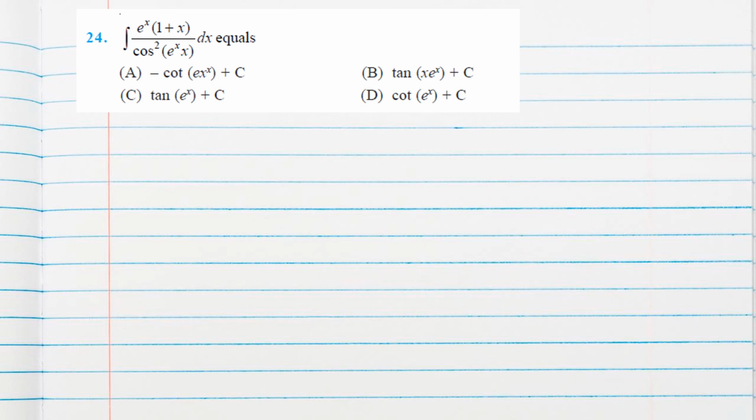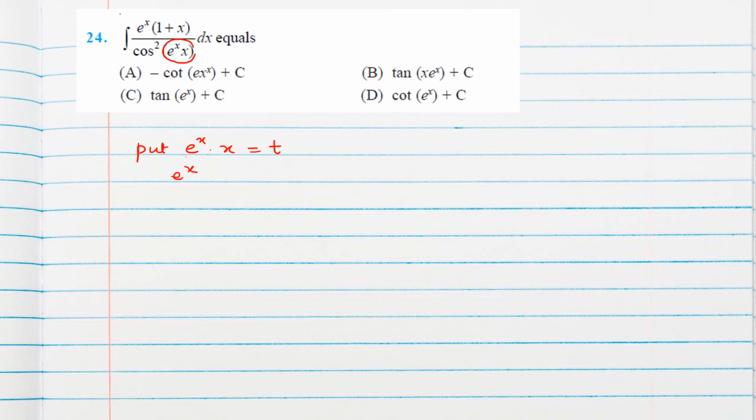E power x bracket 1 plus x is given, and here cos square e power x into x. So substitution method will apply here. Better we substitute this one. Okay. So put e power x into x as t. So product rule we can apply here.